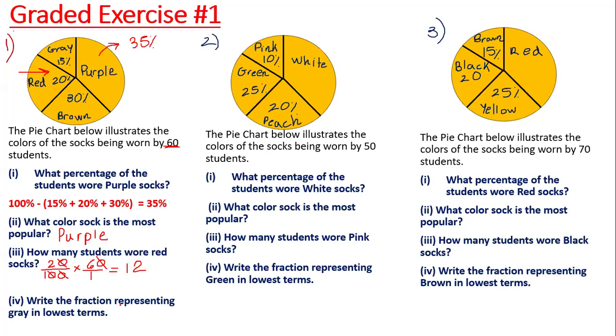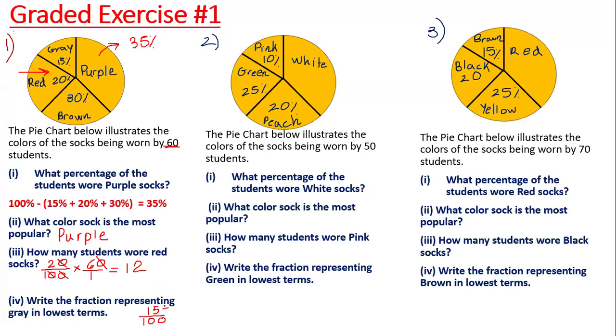Write a fraction representing gray in lowest terms. So gray is what? 15% over what? Over 100. So 15 over 100. And what are we going to do?